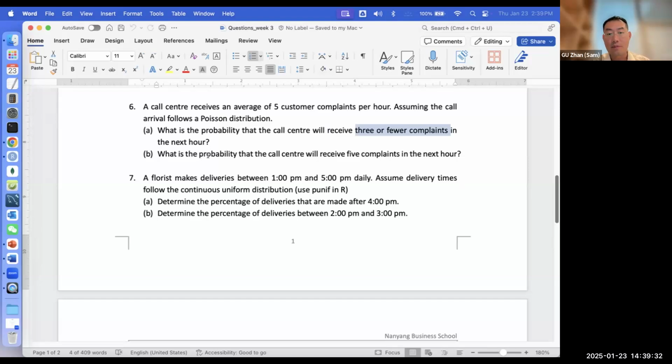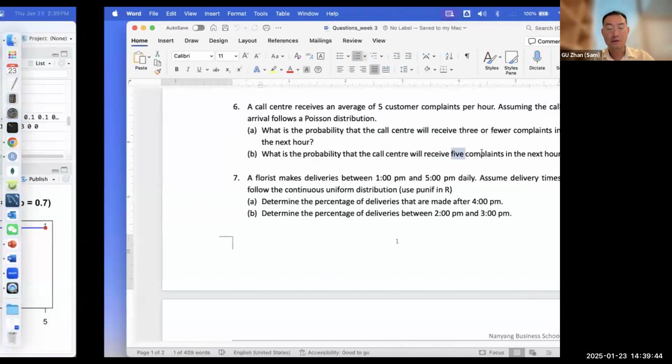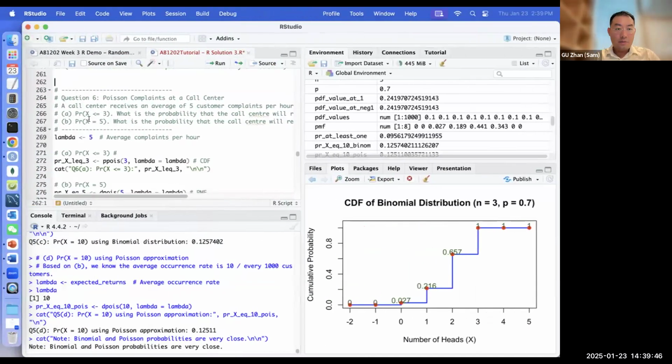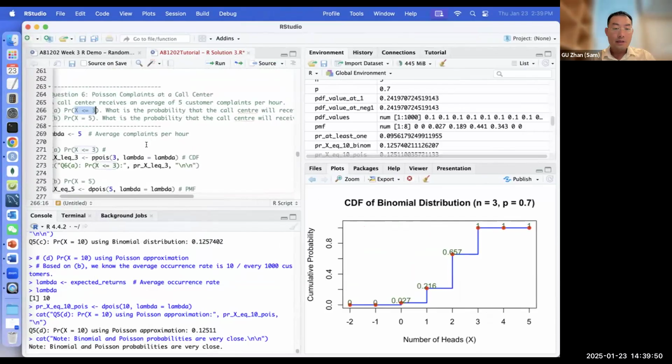And the next is, what is the probability the call center will receive 5 complaints in the next hour? Then this is the PMF, probability mass function.